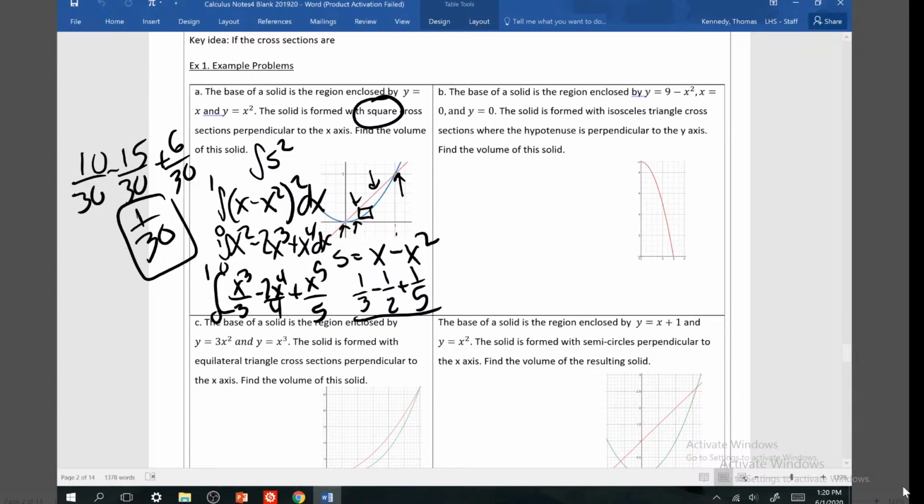Okay. If you're curious how we're getting volume out of just the formula, side squared is area. If I integrate area, it's like adding another dimension. I'm taking an area and putting it into 3D by integrating across this x distance. And so it's like 1 dimension, 2 dimension, 3 dimension, and that gives us volume.